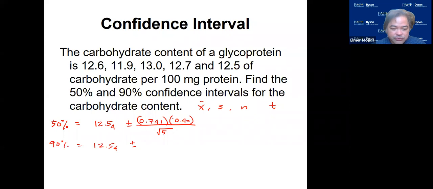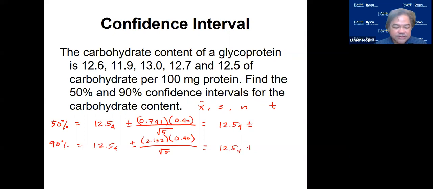So you have there 2.132 times 0.40, the standard deviation, divided by square root of 5. If you look at the answer there, it will be 12.54 plus or minus. So this is around 0.13 and this is around 0.38. So what can you say?